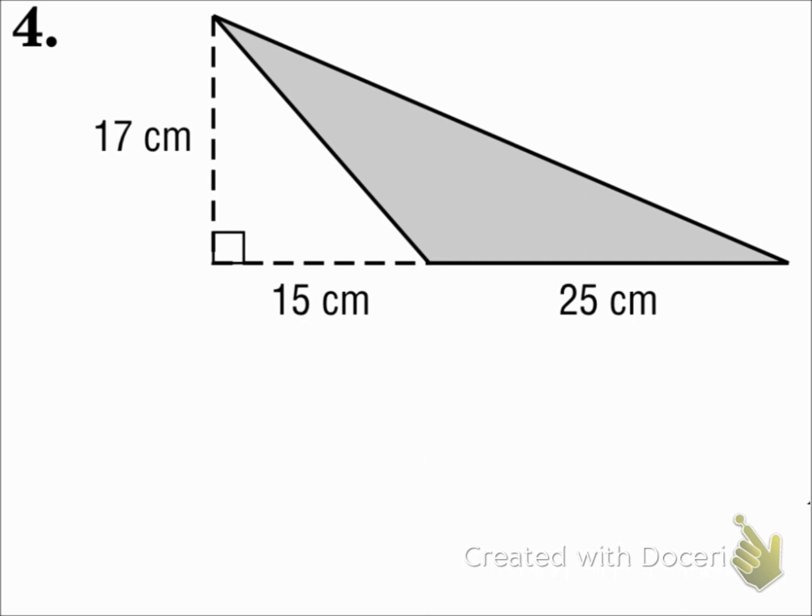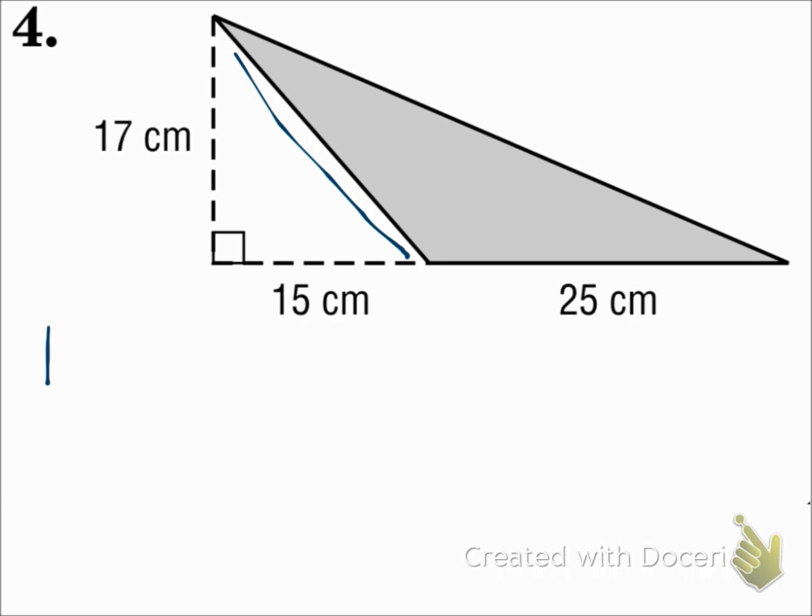Find the perimeter of the triangle. Well, I know one side. I'm missing that side and that side. To find those two missing sides, if I look here, I have a right triangle. I know two sides of the right triangle. I can do the Pythagorean Theorem to find that one side.